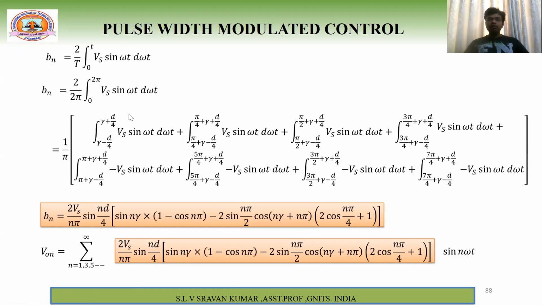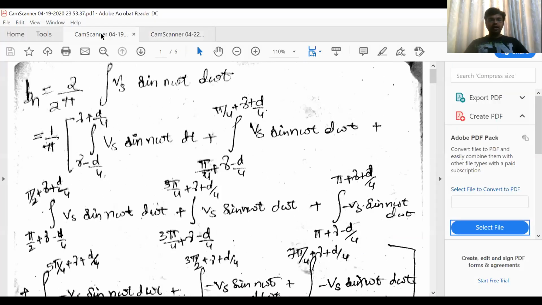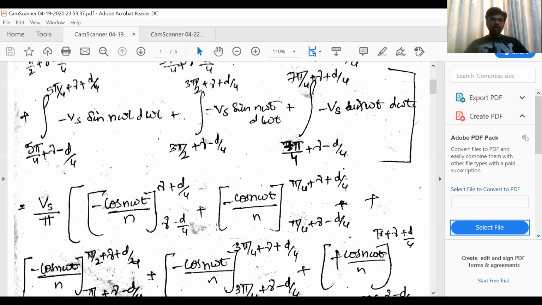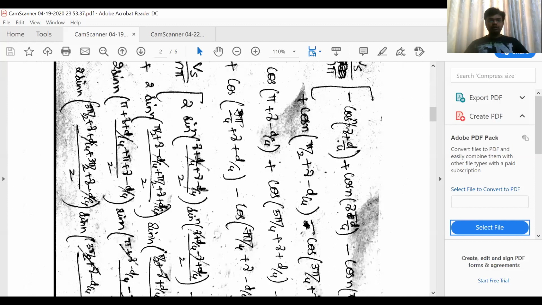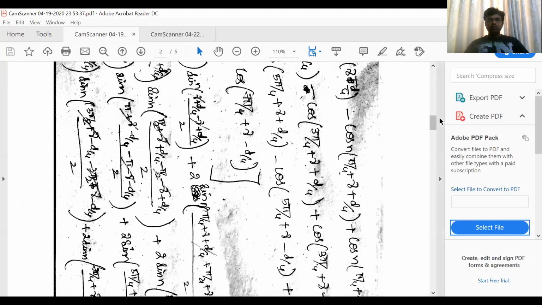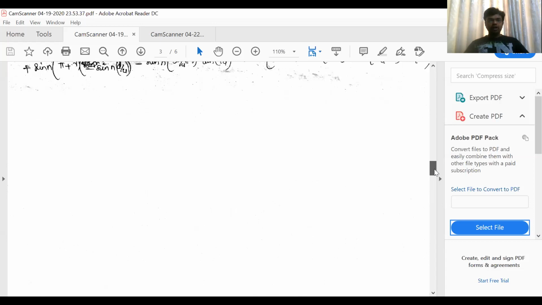Right, I have derived the equation, which is very complicated, so I want to show you. I don't want to go through each and every derivation; nearly 6 pages are there. I will share this with you.